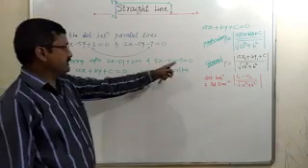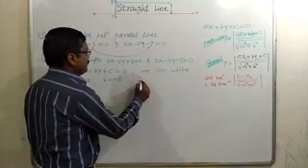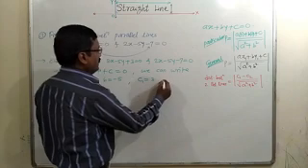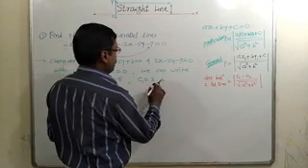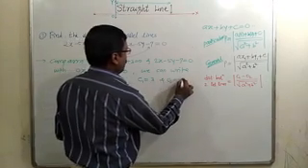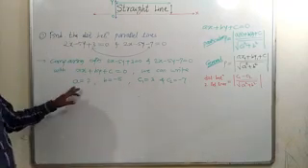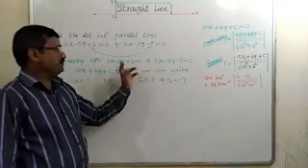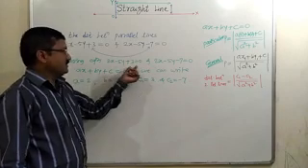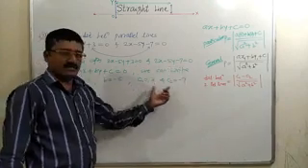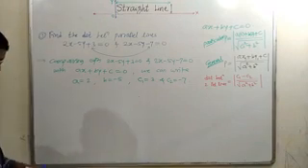Here we have two values of c, that's why we write c1 equal to 3 and c2 equal to minus 7. Is it clear? Write a, b, and as we have two parallel lines, write the constant in two ways, c1 equal to 3 and c2 equal to minus 7.